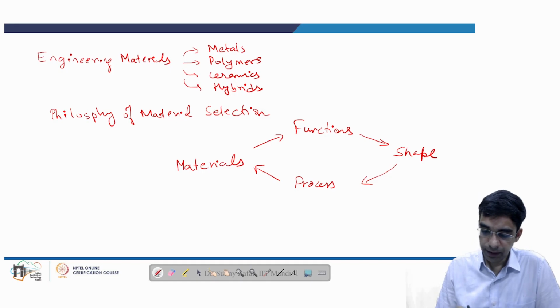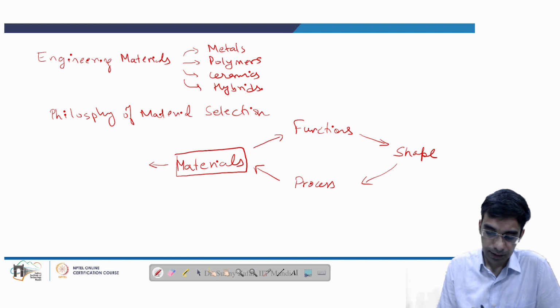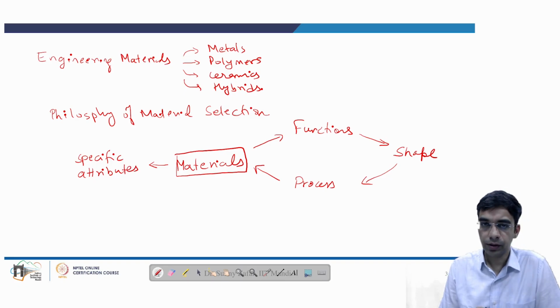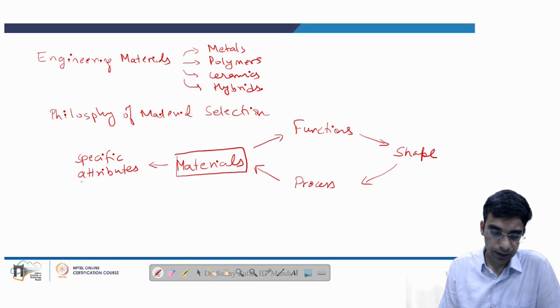So here what is happening is that in case of materials, all materials have specific attributes which need to be known. Now these specific attributes can be any attribute.